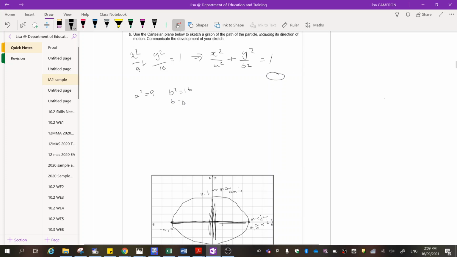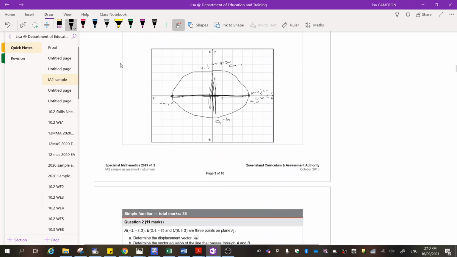You can see that b is equal to the square root of 16, which equals 4, and a is the square root of 9, which equals 3. So we know our x, negative a and positive a, so we've got negative 3 and positive 3, and with b we've got your negative 4 down here and your positive 4 up there.